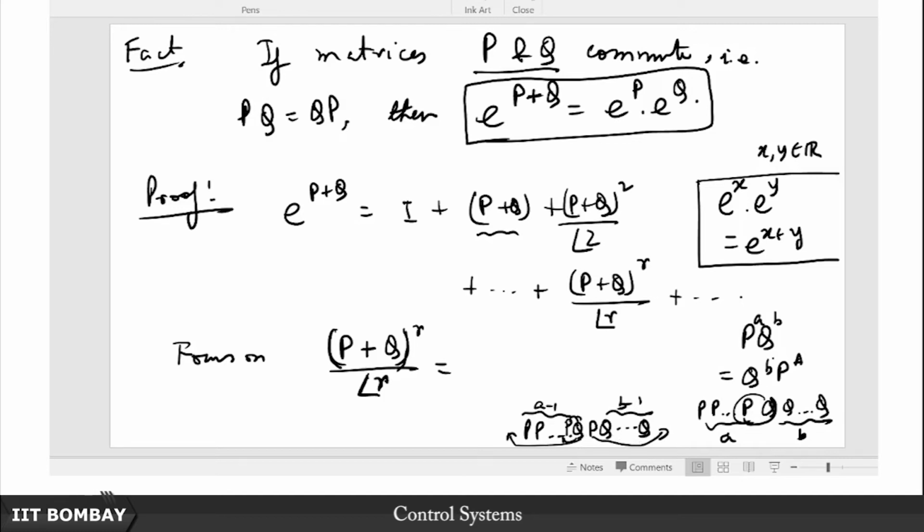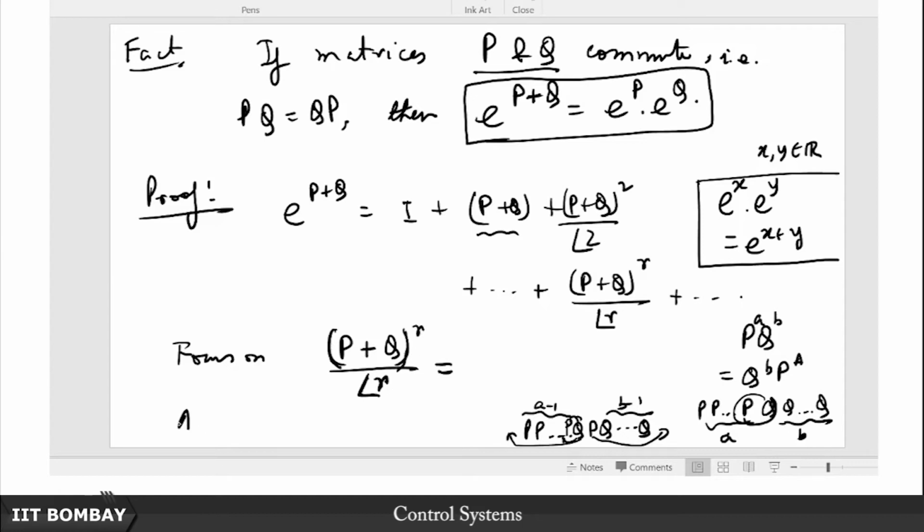So that way we know that for any two positive integers a and b, we have that p to the a times q to the b is equal to q to the b times p to the a, and therefore when we write this sum, because they commute, we can now just use the binomial series.